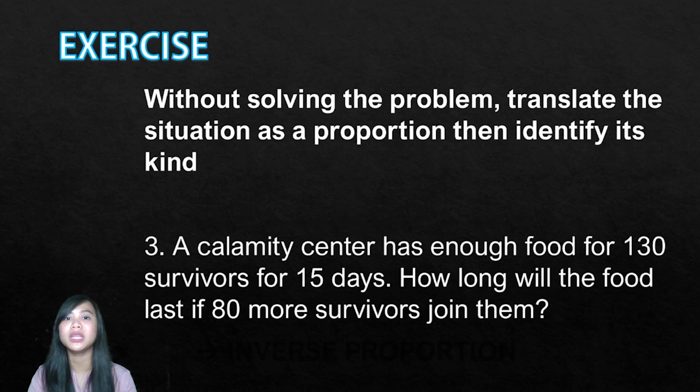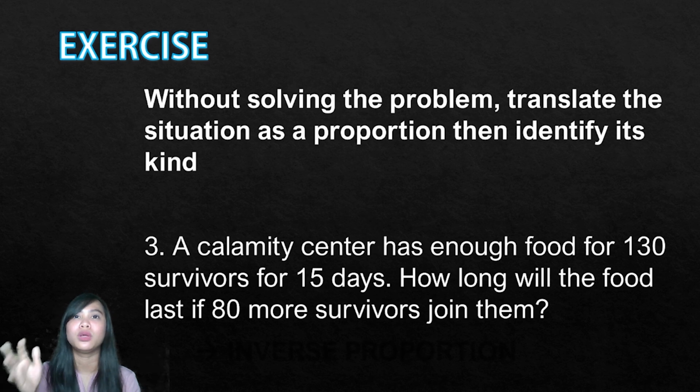Meaning the survivors increase, so I think they will consume the food supply in that calamity center in the least number of days. Because they have more people, they will consume it faster than the 15 days.